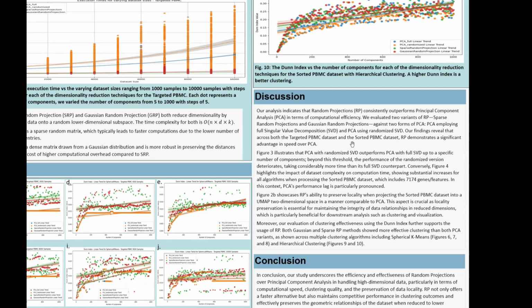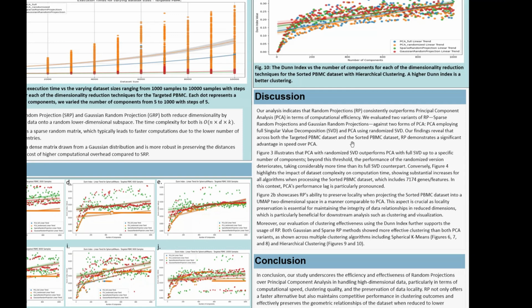Figure 3 actually showed that the randomized version of PCA is performing better in terms of speed up to a certain point and then starting to perform worse as you increase the number of components. So it's performing worse than the full PCA, which is widely used.